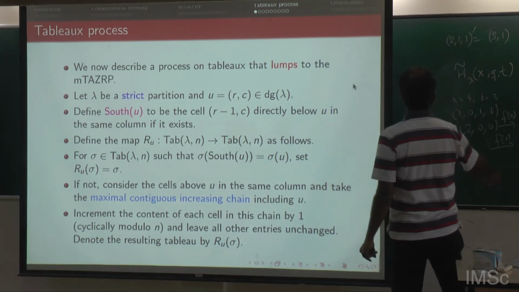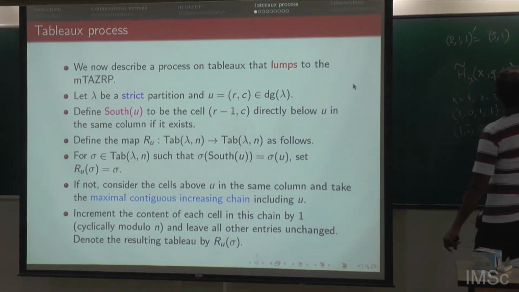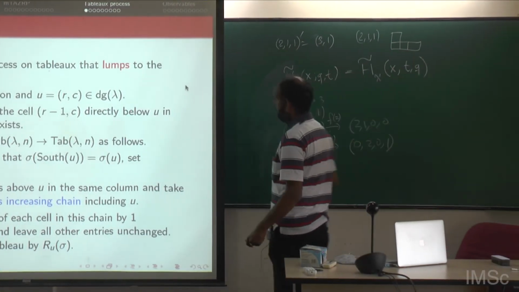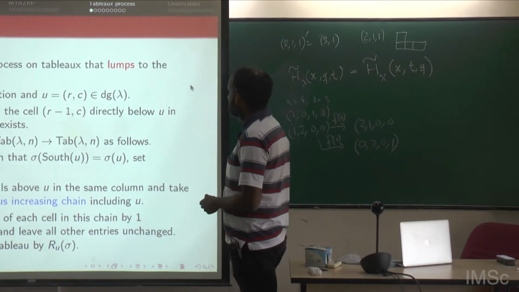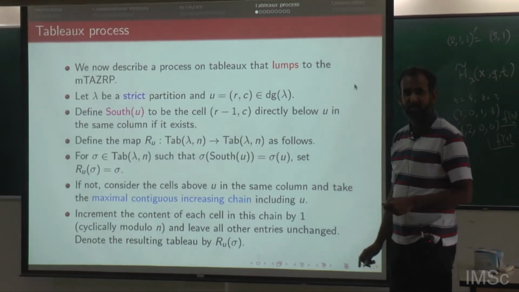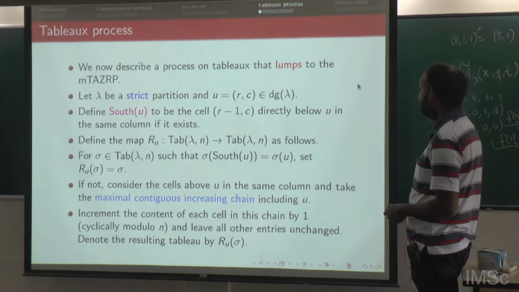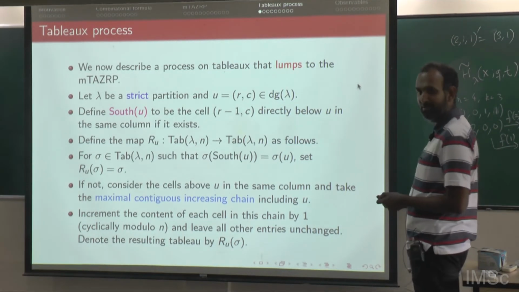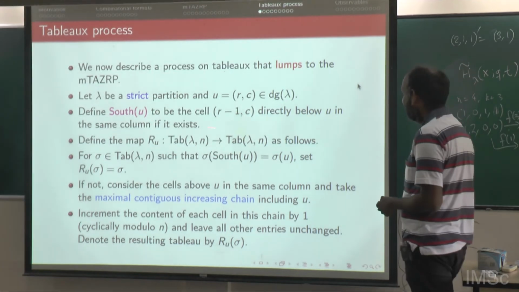So remember our diagram had this funny convention. 2, 1, 1 was like that. Suppose U is a cell, then south of U is the cell directly below it if it exists. It's a natural notation. Unlike many of the other things, this notation is natural, maybe because it's our notation. Okay.